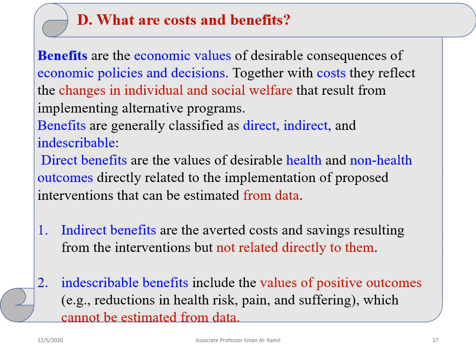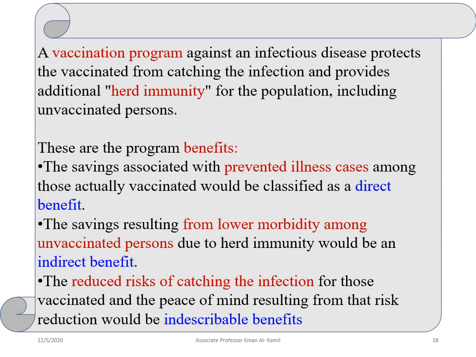This is unmeasurable, meaning we cannot measure or see it, it is intangible, which cannot be estimated from data, what we cannot calculate from the information we have. So we call it indescribable benefit, a positive outcome which cannot be estimated from the data, such as reduction in the health risk and the pain, relieving pain and reducing the suffering from the disease or from the disability, but it cannot be estimated directly.